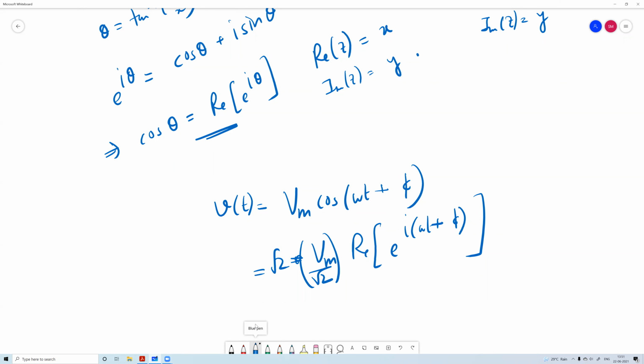Is it okay to write it in this way? Yes or no? Can I write this equation in this form? Yes, sir. Vm is a real number. Vm cannot be imaginary.